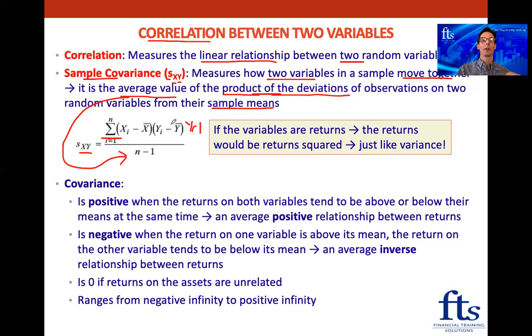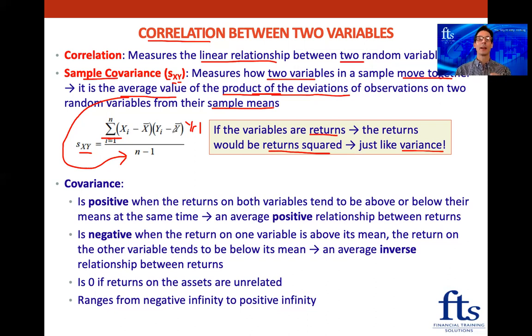So I'm going to come back to the variance formula in just a minute, but I just want us to have a look at this block over here. So if the variables are returns, the returns would be returns squared, because we're squaring here just like we did with the variance. Remember with the variance, we took each and every year's deviation from the mean and we squared it. But now we are also having a square because we're multiplying the one by the other.